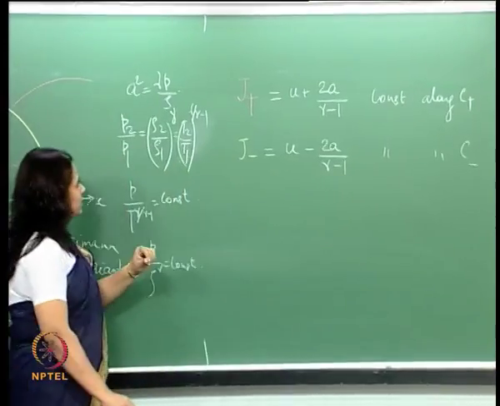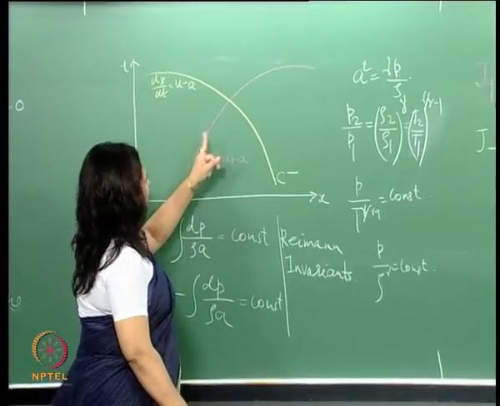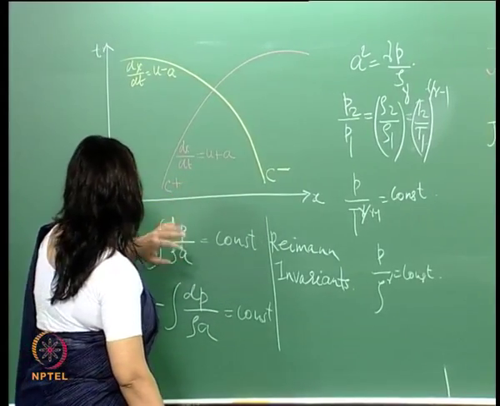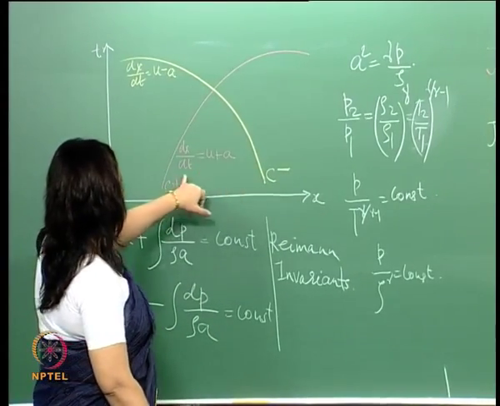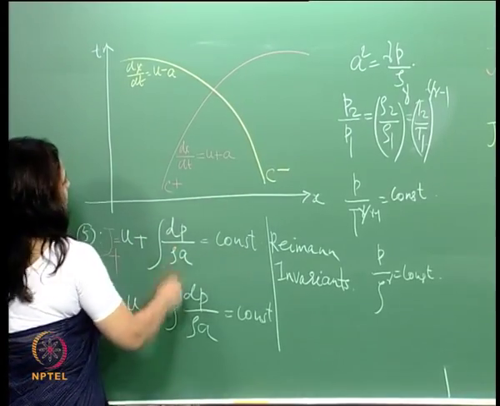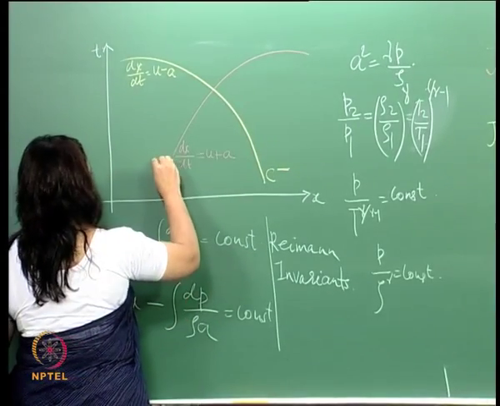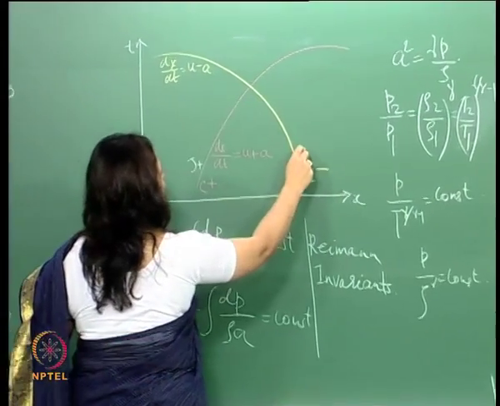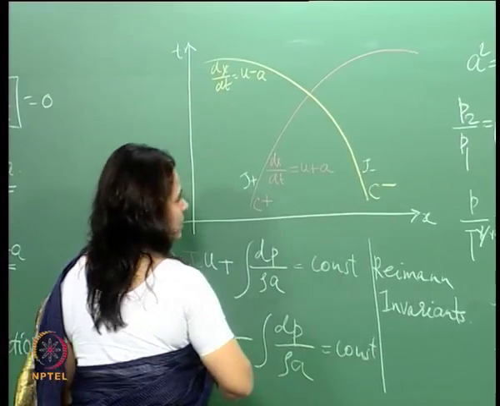What this is telling us is that on a right running characteristic, C plus, we have J plus, and on a left running characteristic we have J minus.